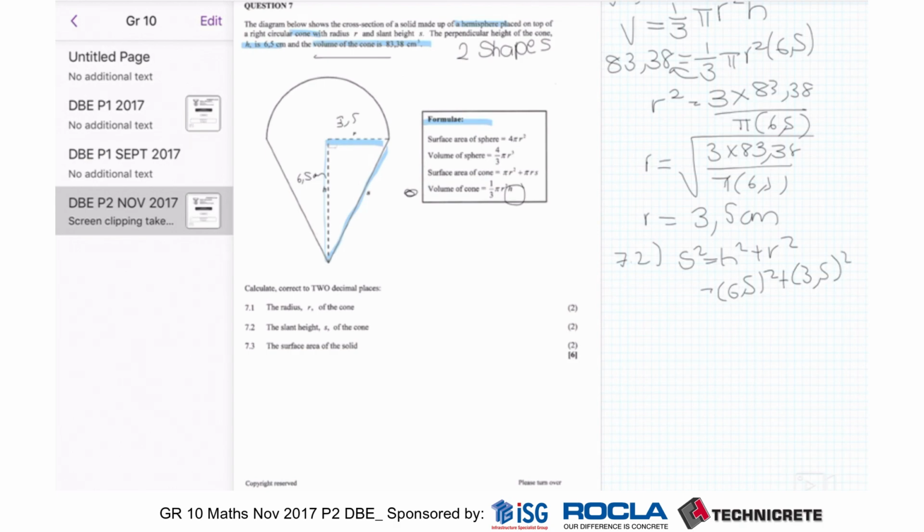It's very important that you got the radius correct, otherwise you're going to get all the answers wrong in this question. So s is therefore equal to the root of 6.5 squared plus 3.5 squared. Let's put it into my calculator. And it is equal to 7.38 centimeters.